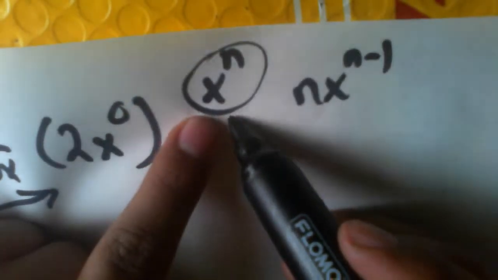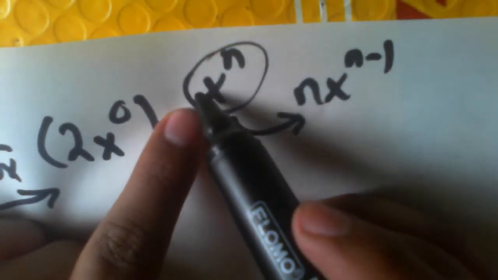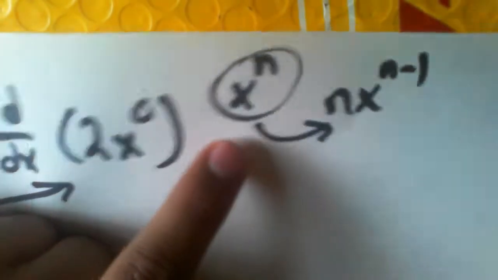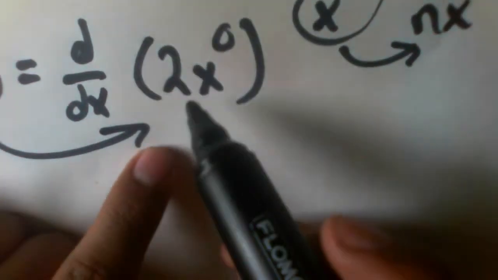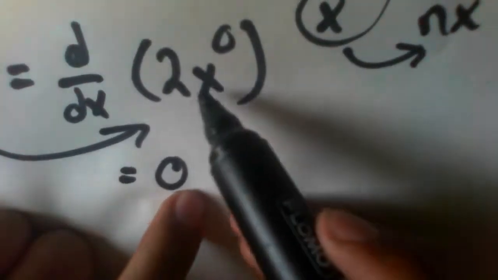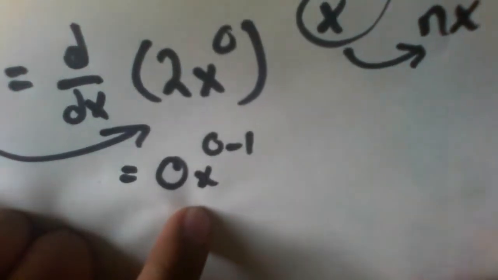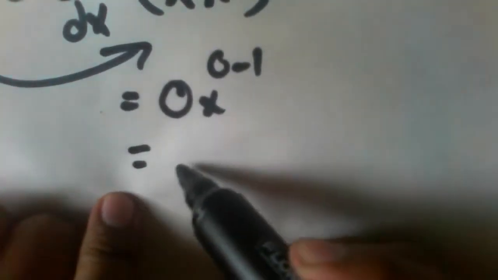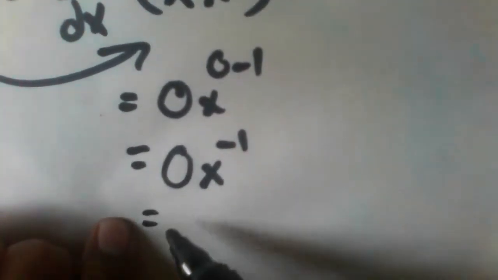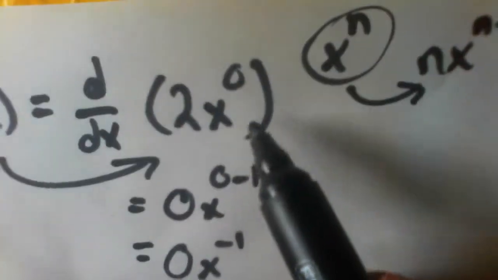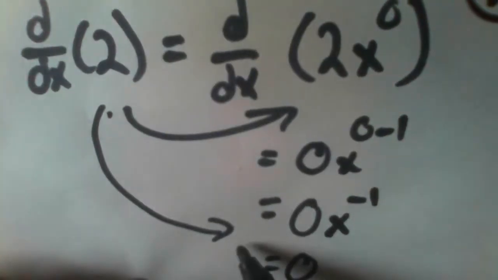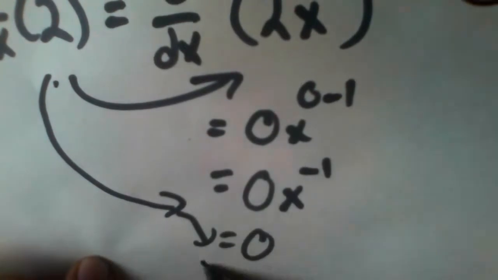To take the derivative of this, we're going to multiply the coefficient by the exponent. We get n, subtract 1, n minus 1. But if we were to follow the same step here, 0 times 2, well, that's 0. And then it's going to be x to the 0 minus 1. So that means this is going to be equal to 0 times x to the negative 1. Well, 0 times anything, it's going to be 0. So it means that the derivative of a constant is 0.